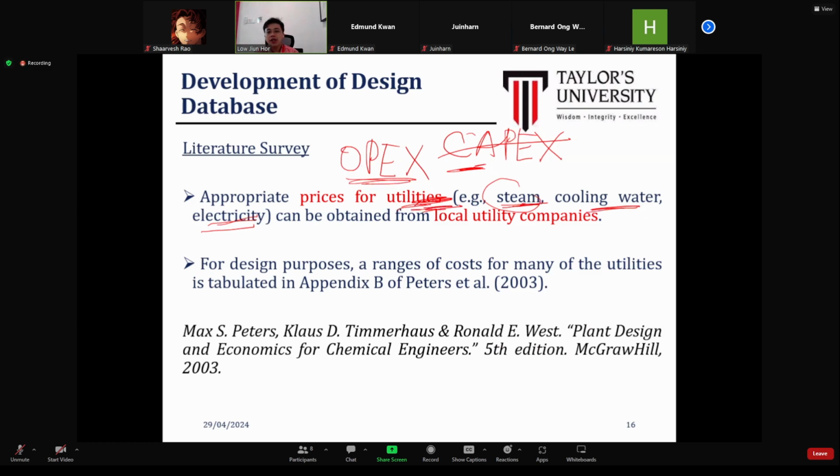And the prices of all these utilities can be obtained from the local utility company or from the appendix given by Mr. Peter in the reference book.